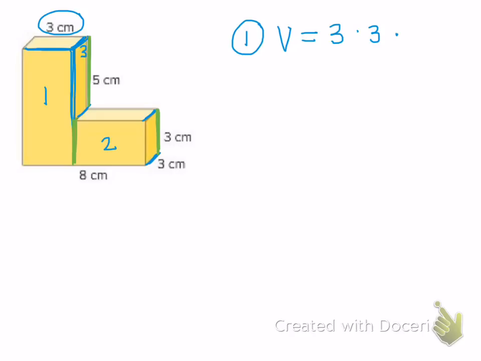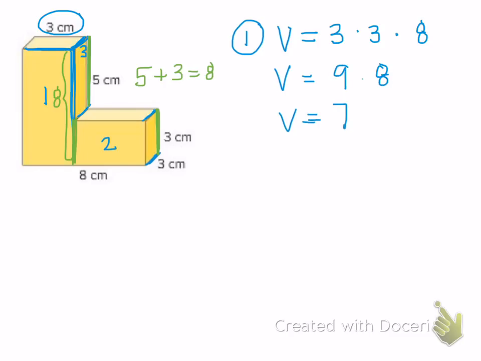So you take 5 plus 3, and you see that this entire side equals 8. So 3 times 3 times 8, 9 times 8, you get 72 centimeters cubed.